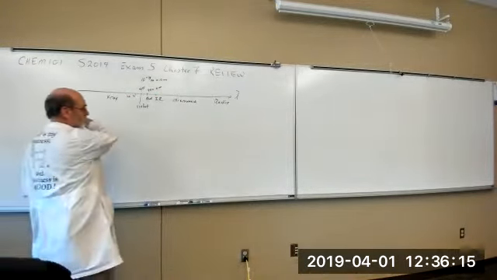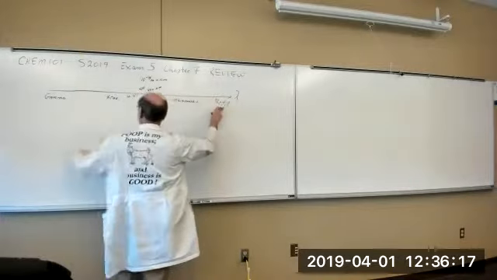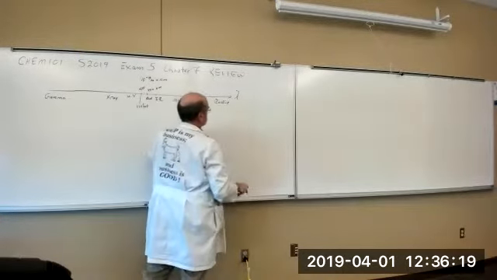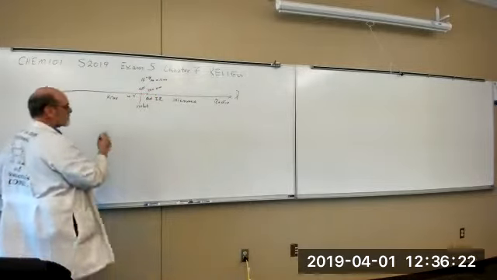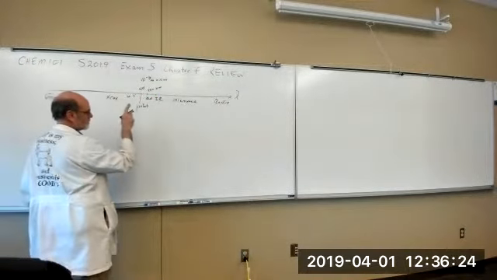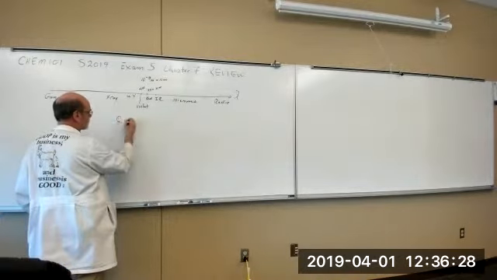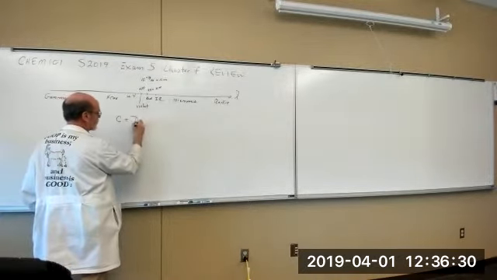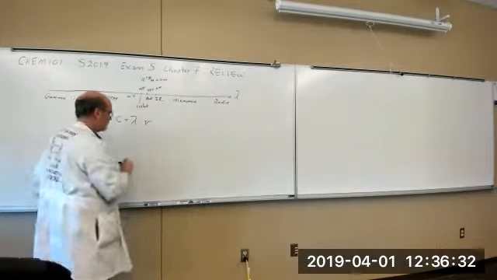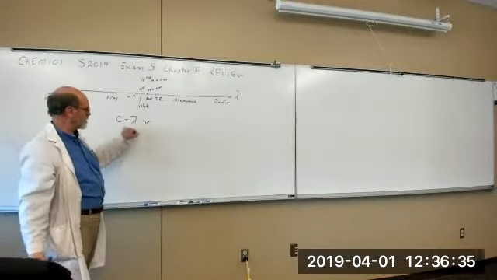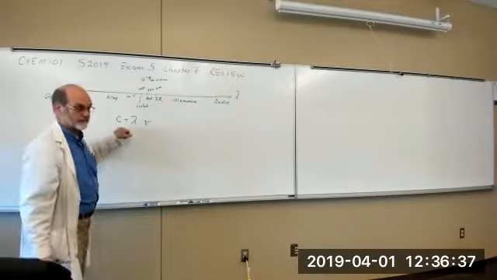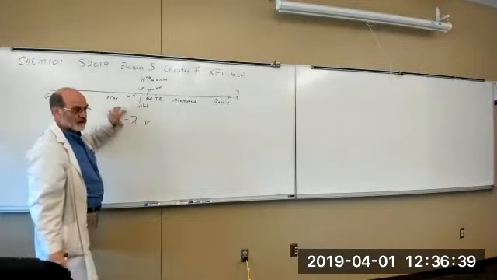So as the wavelength increases, we go from this to this, but the relationship between wavelength and frequency is wavelength times frequency is equal to the speed of light. Right? The speed of light is constant.